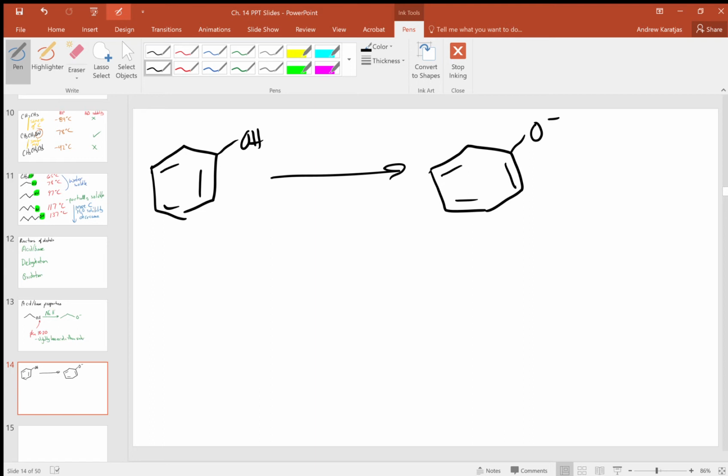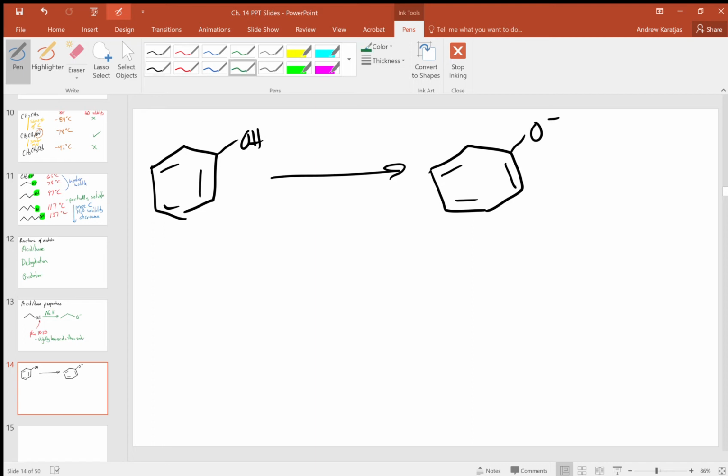What we find is that negative charge can actually delocalize, or be shared, by the entire aromatic ring. And that's a very, very stabilizing process.